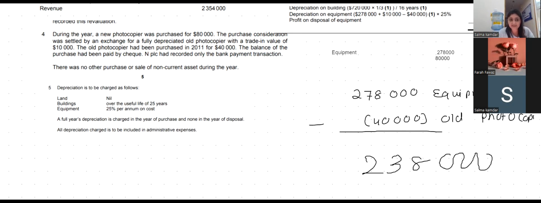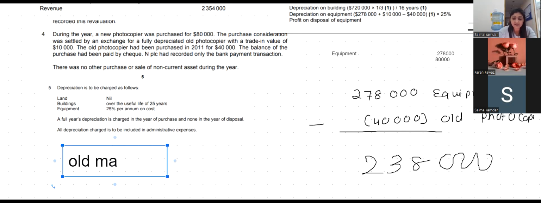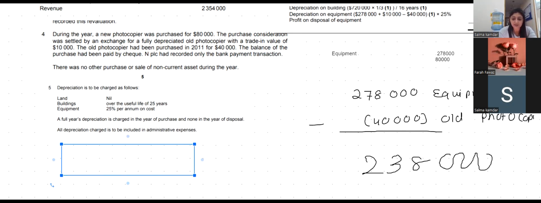Are you with me? Did they give 10,000 or did they save 10,000? See, they are giving an old machine and they are buying a new machine. They are giving the old machine and buying new machine.